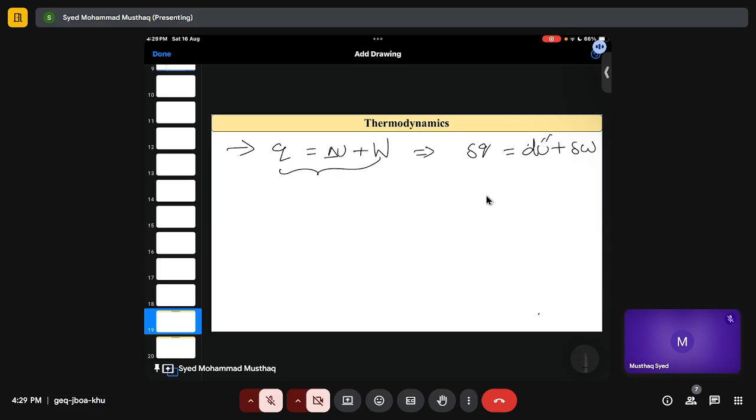And why is this an exact differential? Because it doesn't depend upon the path you take. It's a state function. I hope people have studied thermodynamics because these are very simple terms. This is our path function because it depends upon path. It only depends upon initial and final state.